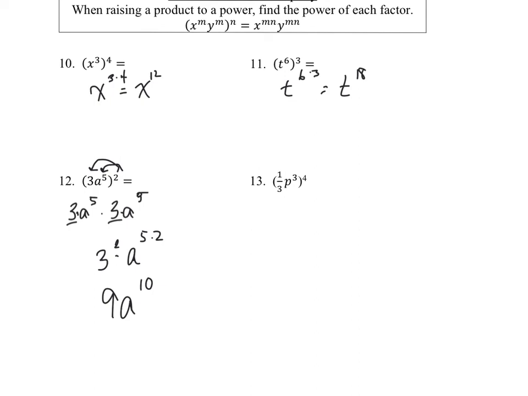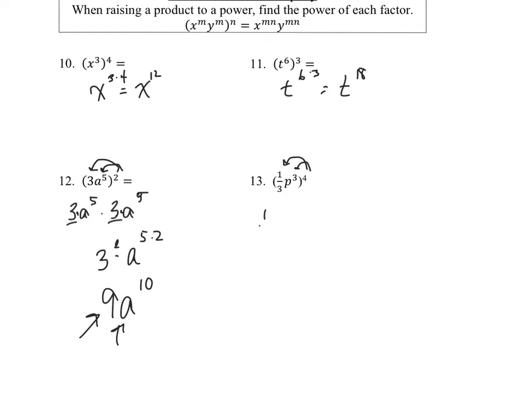When I wrote it out like that, you have 3 times a to the 5th times 3 times a to the 5th. 3 times 3 gives you that 9. A to the 5th times a to the 5th gives you that a to the 10th. So in number 13, I'm going to write it as almost that distributive property.